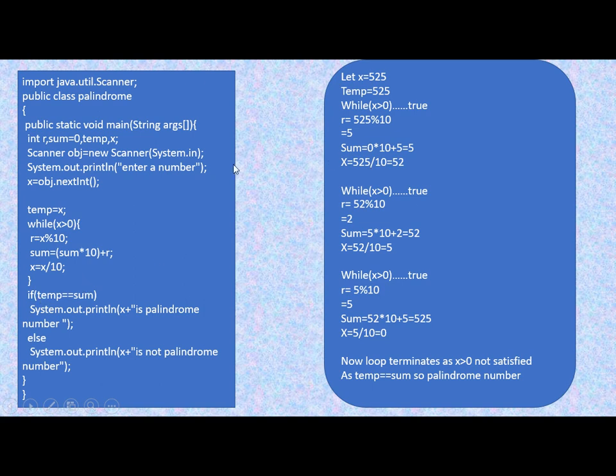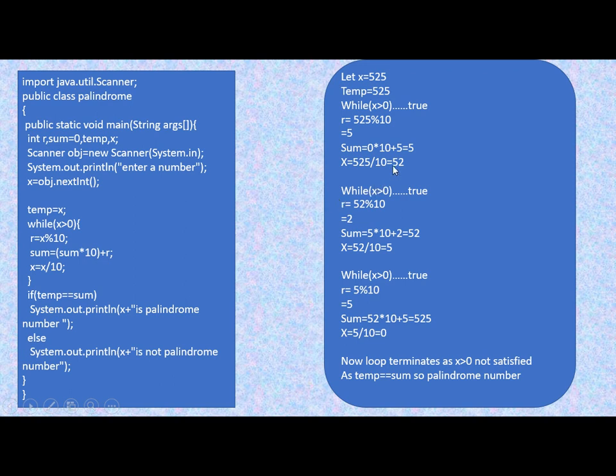Now again we see that this condition is satisfied, because after this is over, the program control goes back to the test condition, and if it is true, then this set of code will be executed again. As the value of x is now 52, this statement is true. So r equals 52 mod 10, which gives remainder 2, and sum equals sum into 10 plus r.